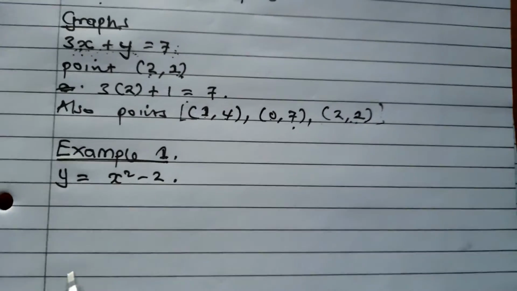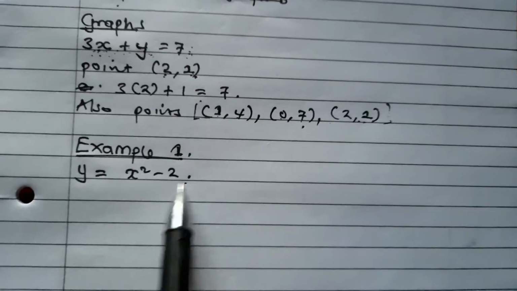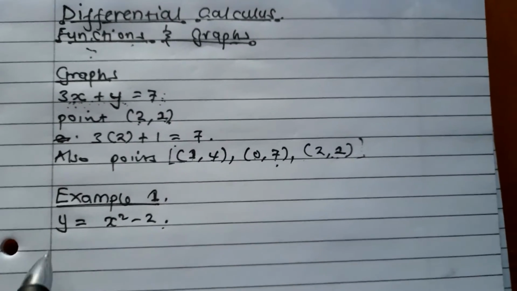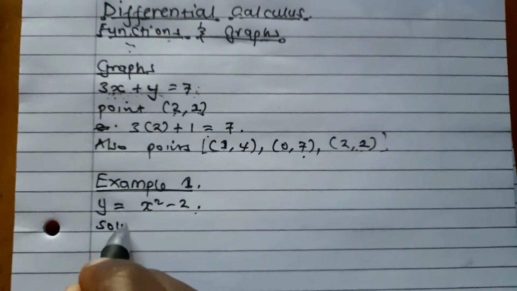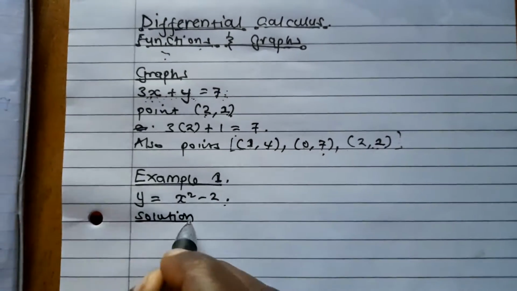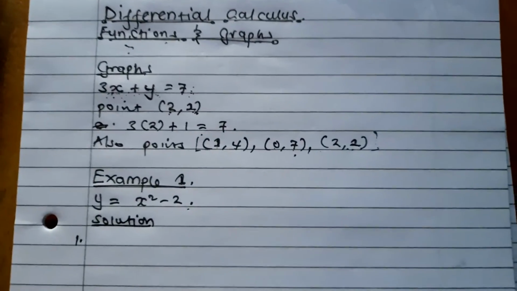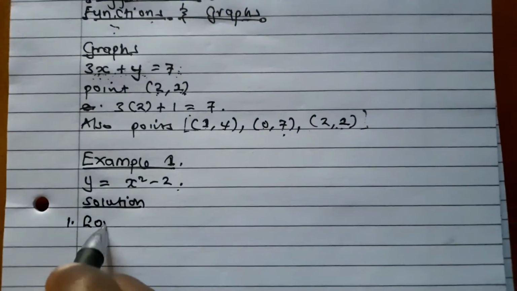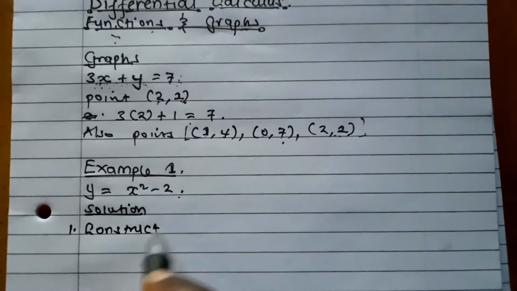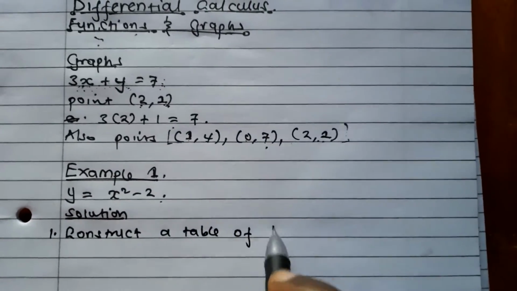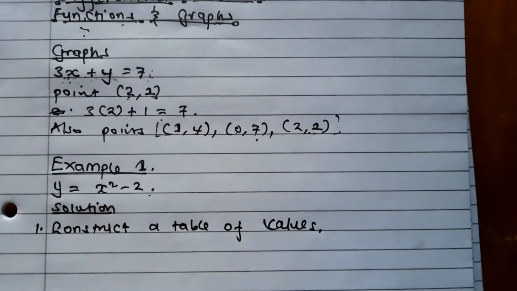How do we come up with the graph of this equation using the solution points? You realize we can have some solution here, and under the solution, step number 1 is to construct a table of values. That is step number 1.